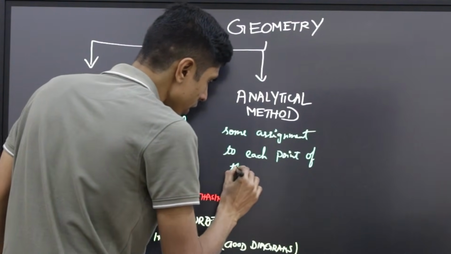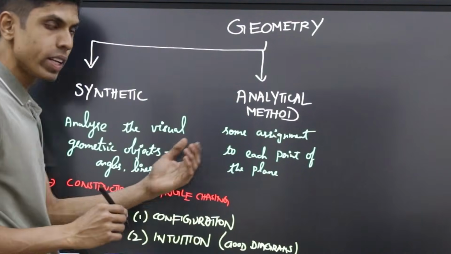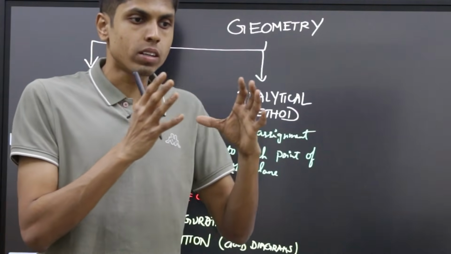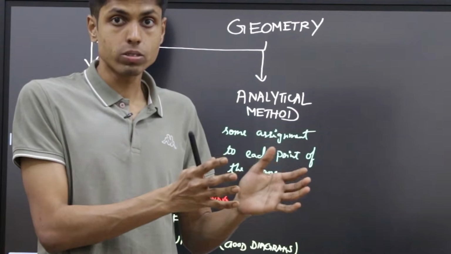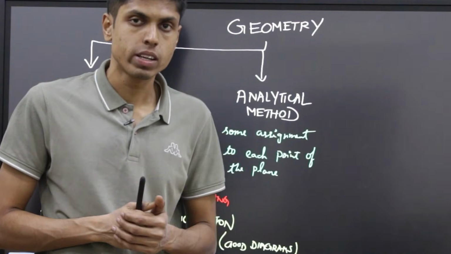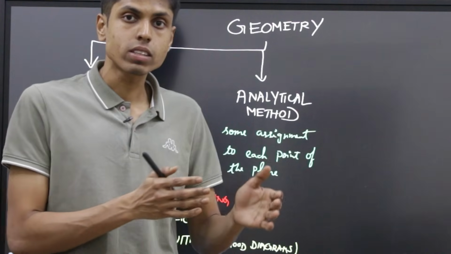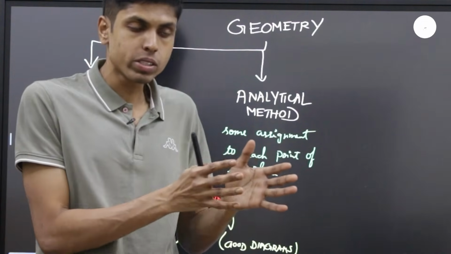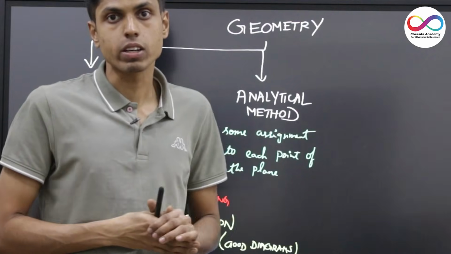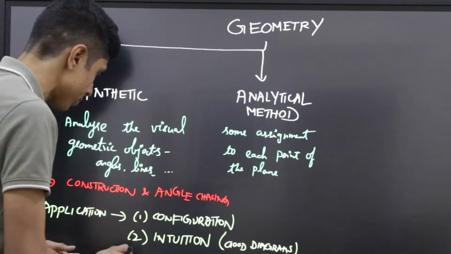It can be a plane, sometimes it is a 3D space. So you assign, let's say, a pair of real values to each point in coordinate bashing. And in barycentric bashing, you assign a set of numbers that represent weights with respect to the vertices of a certain reference triangle. So it can involve any of such assignments.